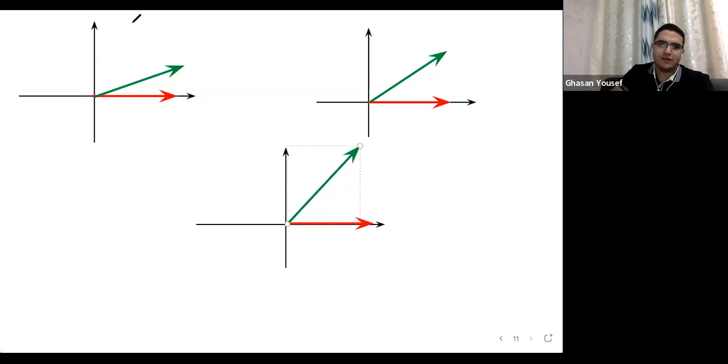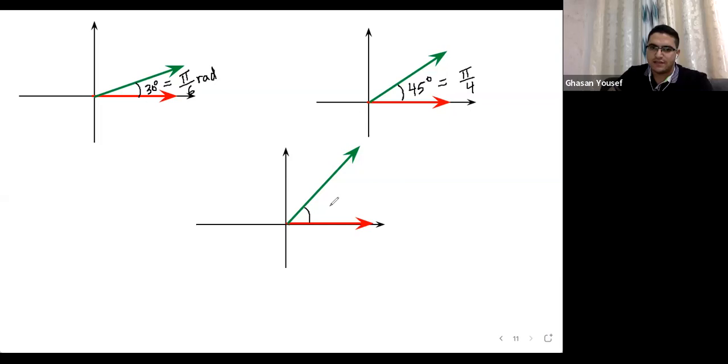Okay, the first one is 30-degree. To convert the 30-degree to radian, it equals pi over 6 radian. This angle is 45-degree. When you convert it to radian, it is pi over 4 radian.